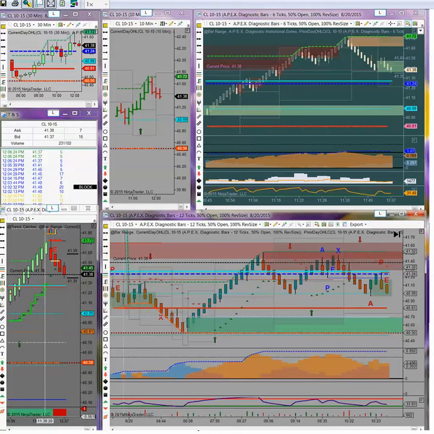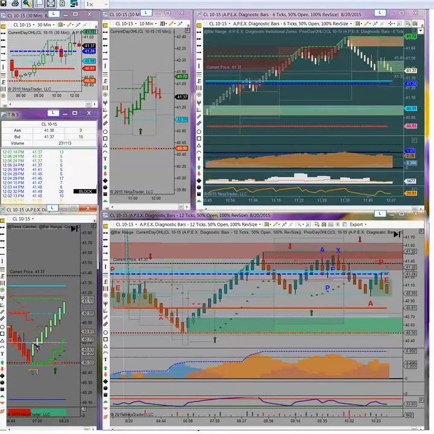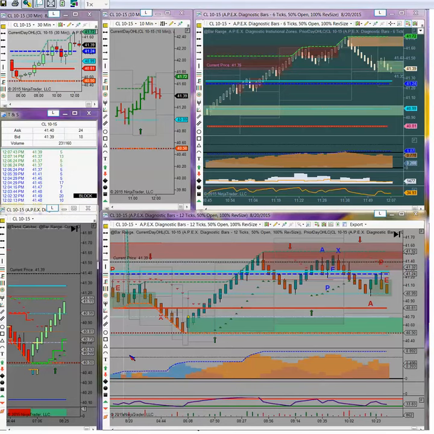The 12 tick with the trend catcher would have given you a confirmation on that, I'm quite sure, right here at the deviation, the top of this bar. So I'll stick a little marker on here.